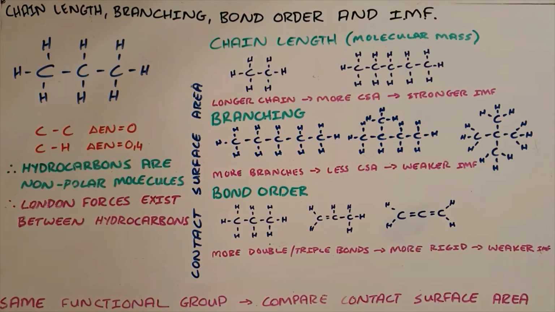So in a situation where two or more molecules have the same functional group, in this case being hydrocarbons, then all that needs to be compared is what is called the contact surface area, where contact surface area refers essentially to the size of the molecule, but more specifically to the amount of places on the molecule where intermolecular forces can exist. And there are three properties that are said to influence the contact surface area.